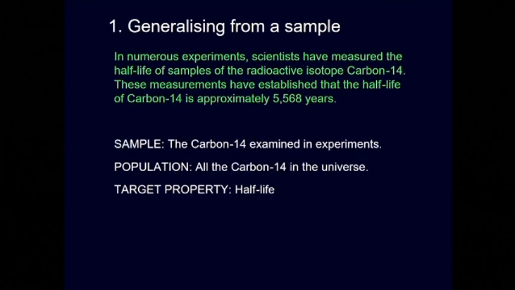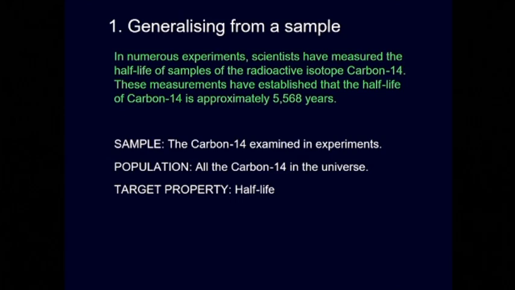Here's one from physics. Nearly all the factual information that physicists have about things comes from generalising from samples, right? So scientists have measured the half-life of radioactive elements like carbon-14.